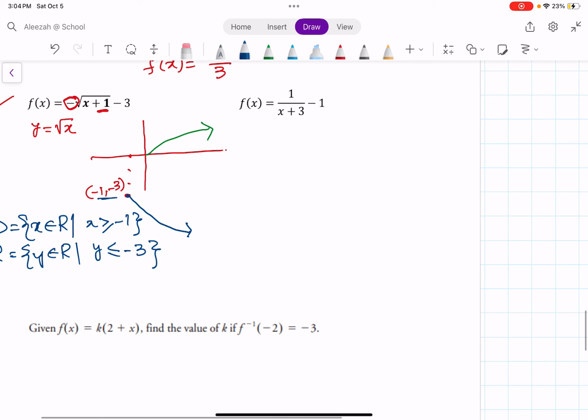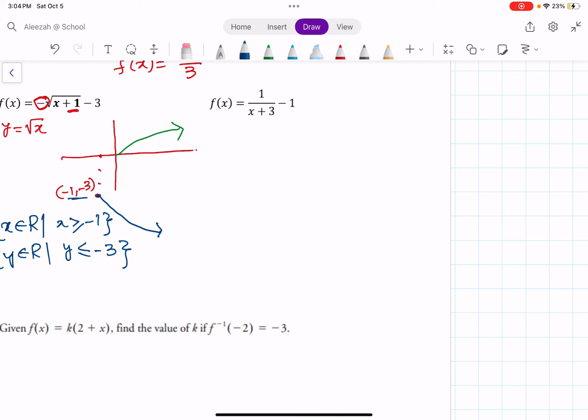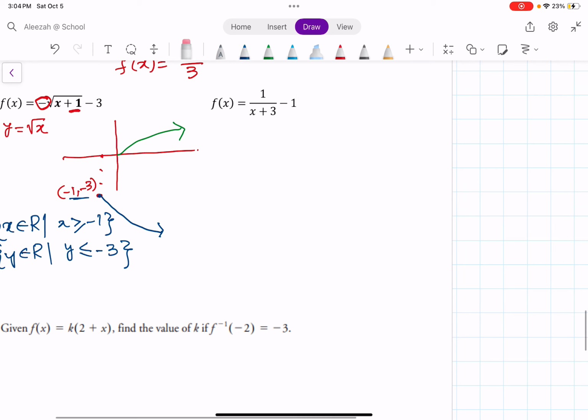Okay, the next function is a reciprocal function or a rational function. So the parent function is y equals 1/x, right? If you graph it, you will have a vertical and a horizontal asymptote. Here the restriction is x is not equal to -3.